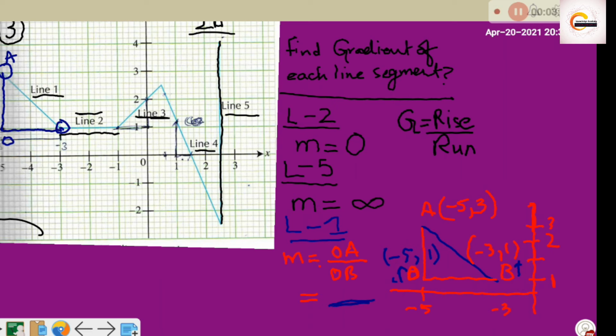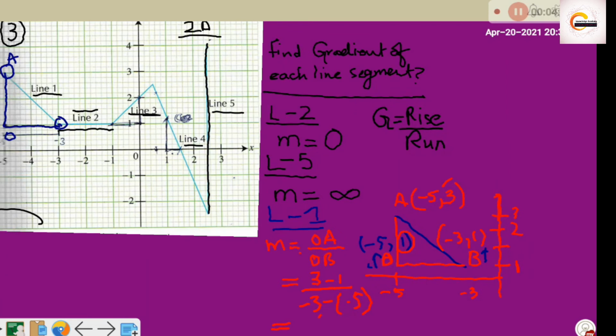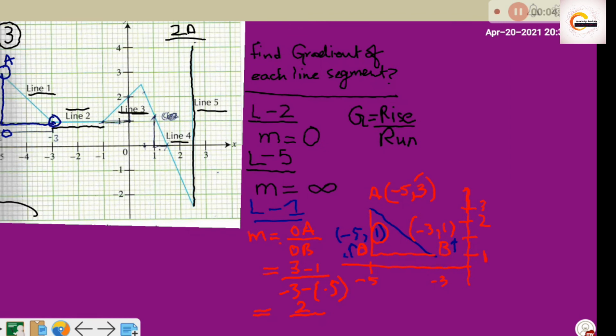So OA means 3 minus 1 upon minus 3 minus (minus 5). So 3 minus 1 is 2, upon minus 3 plus 5, which is 2. So 2 and 2 cancel, which becomes 1. So the value of the gradient is going to be 1.